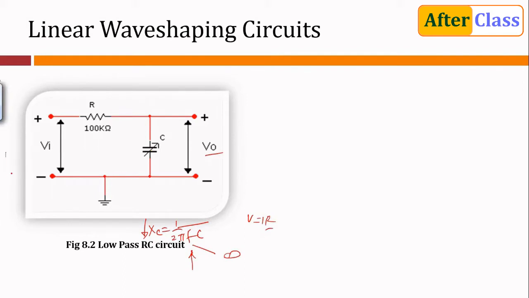If I keep the voltage constant at, say, 2 volts, and vary the frequency from 0 to infinity, then at 0 frequency, 1 by 0 is infinity, so it will act as an open circuit. The entire signal will be available at the output. If I set frequency equal to infinity, then the reactance offered by this capacitor will be 0, so it will act as good as a short circuit. I hope this is clear.